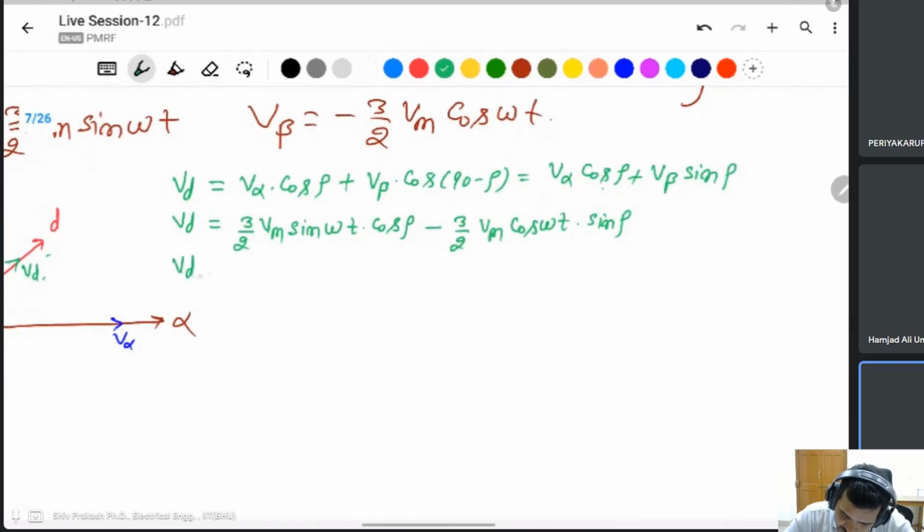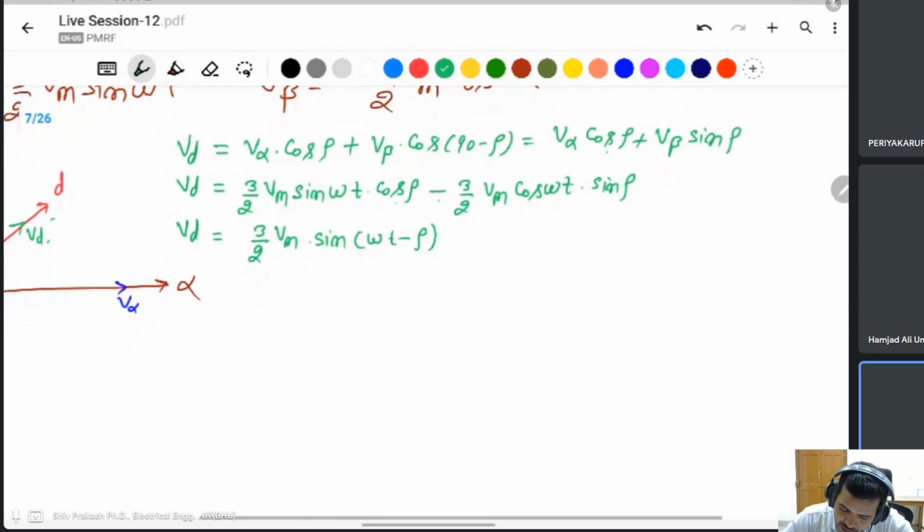So what is the Vd value? 3 by 2 Vm is common in all of them. What is remaining? Sin omega t cos rho minus cos omega t sin rho. It means sin A cos B minus cos A sin B, which is sin of A minus B. Here A is omega t, so sin of omega t minus rho. This is the Vd value.